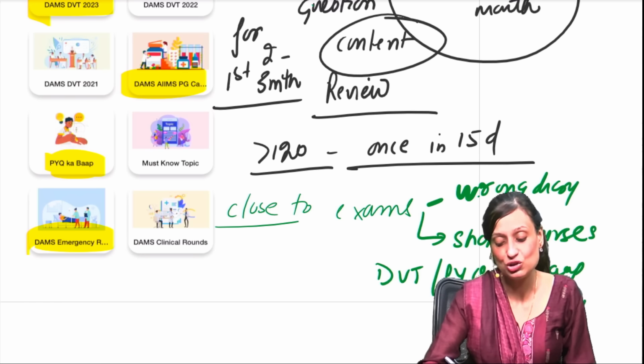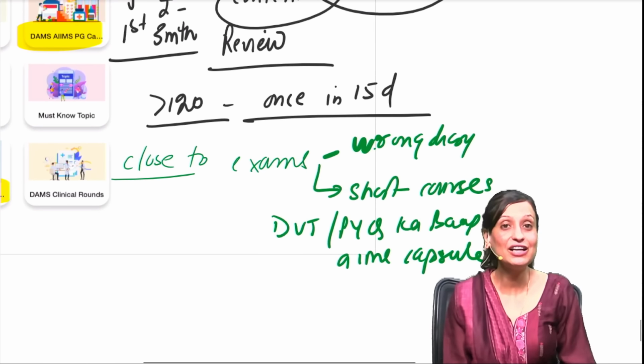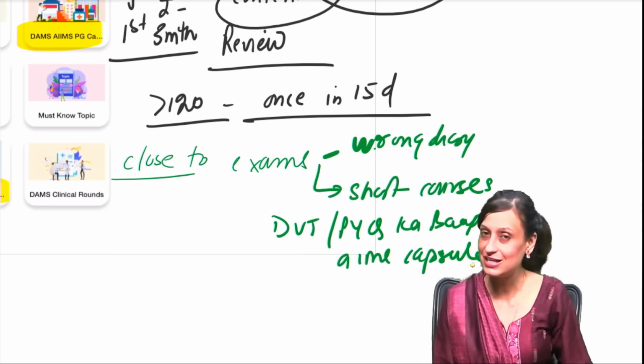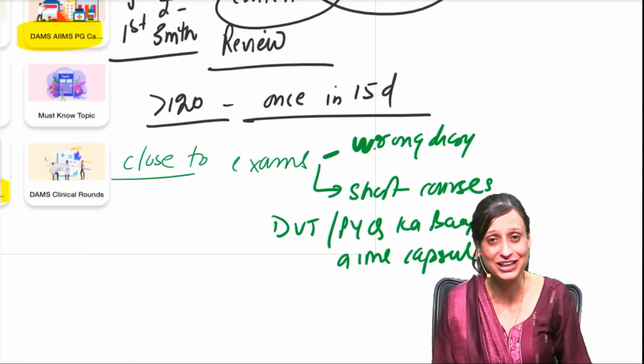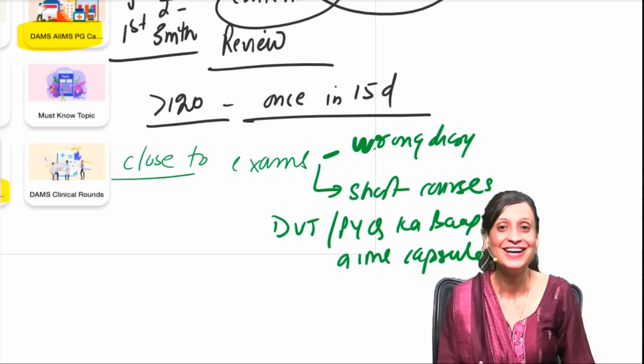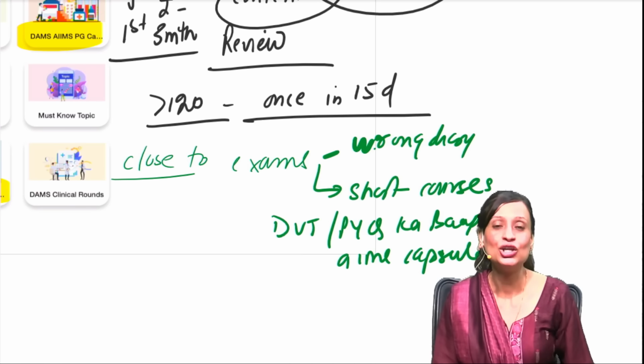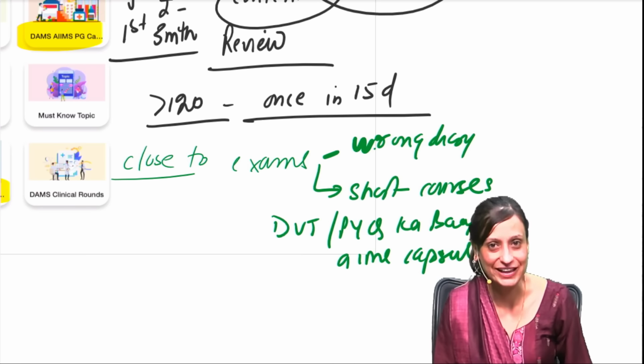So these are going to be the resources that we will use for retrograde revision close to the exam. Close to the exam, again, we can't go retrograde. Remind you what I said. I said every time you do a revision, your time has to be less. You have to go more and more selective, right?